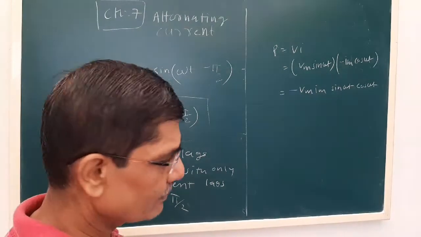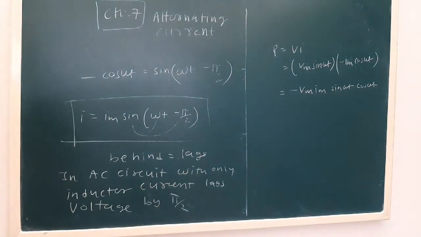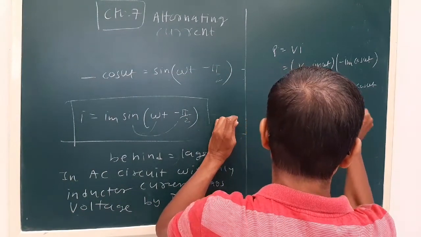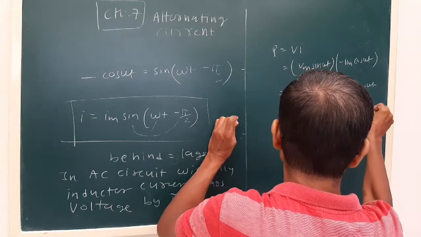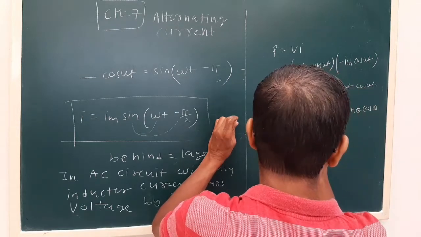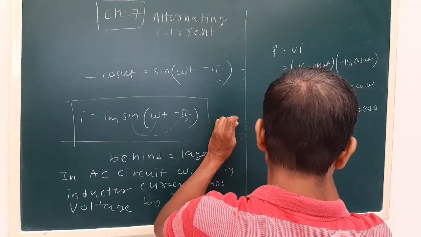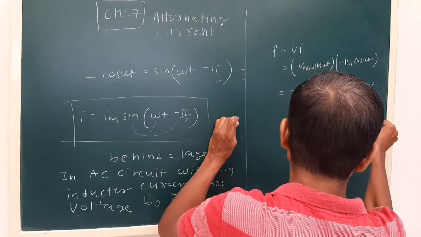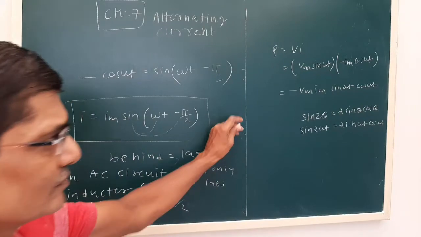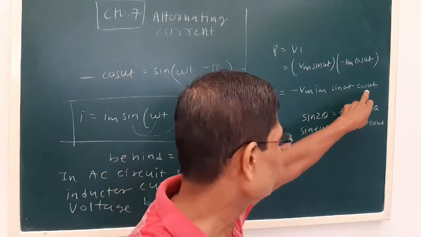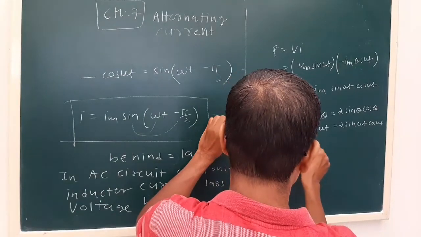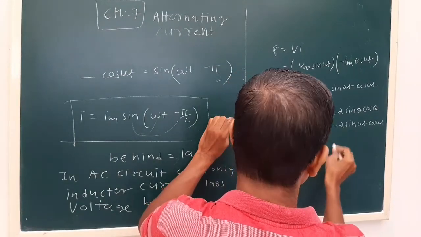Before that we make some rearrangement. We have studied earlier sin 2 theta is 2 sin theta cos theta. So sin 2 omega t is 2 sin omega t cos omega t. Now here we have only sin omega t and cos omega t, so what we do? We multiply and divide by 2.